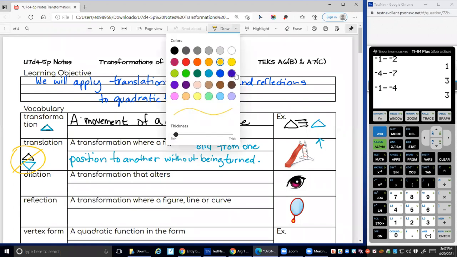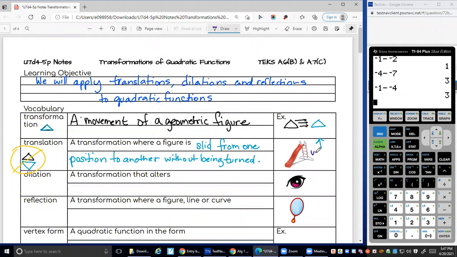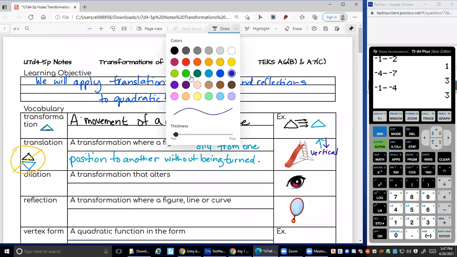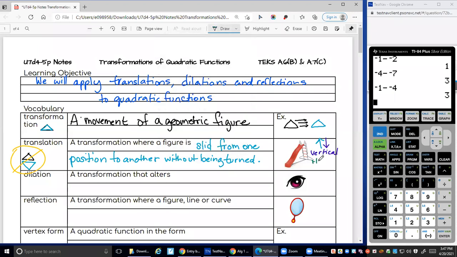We're going to be talking about a vertical translation, and that's where we go either up or down. And then, of course, horizontal translations, and that's where we go from left to right.